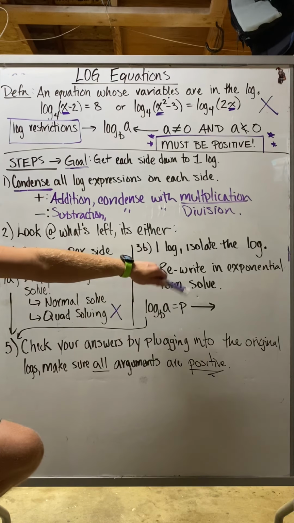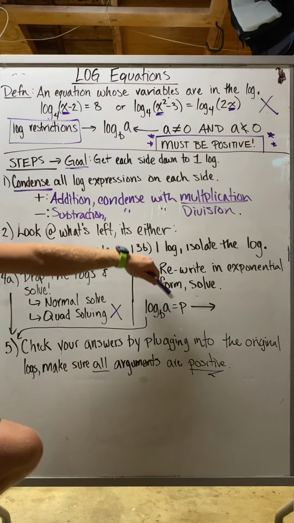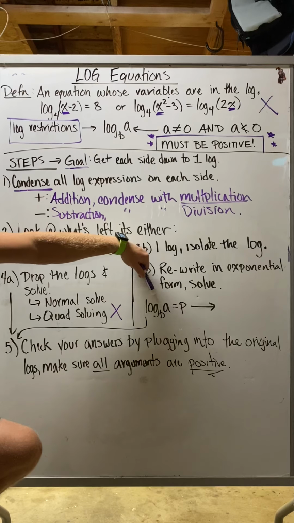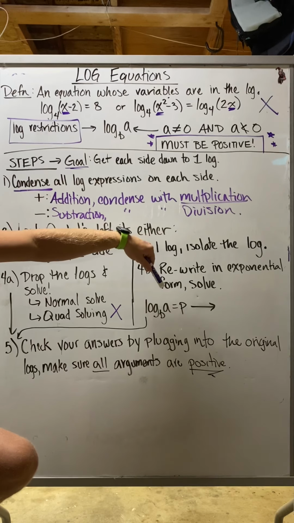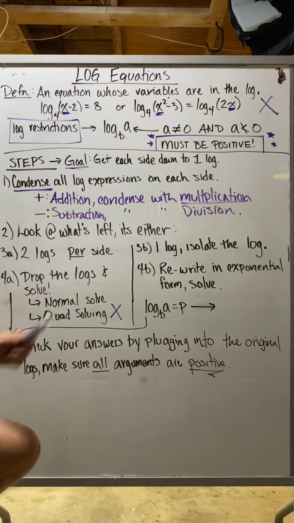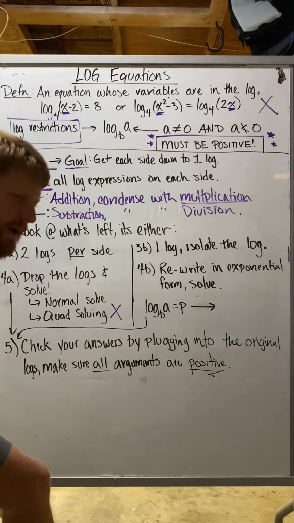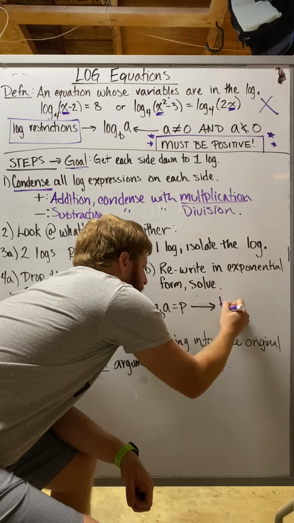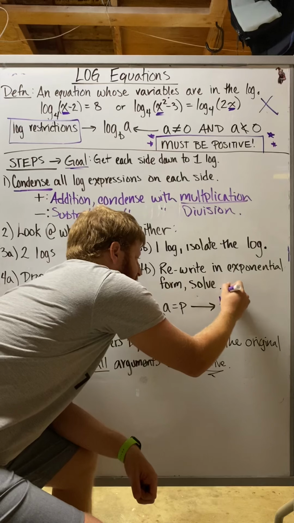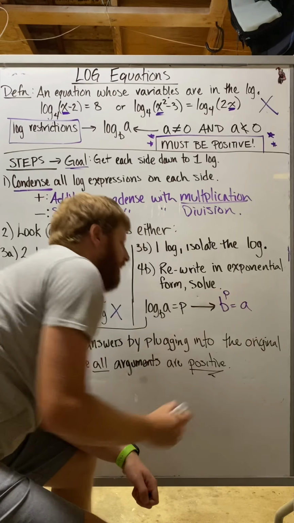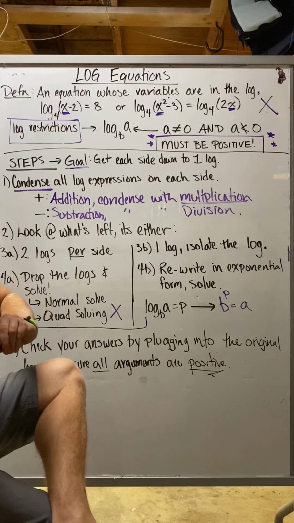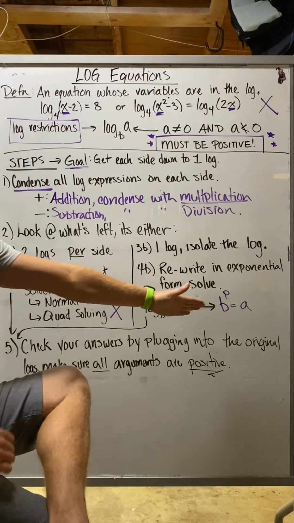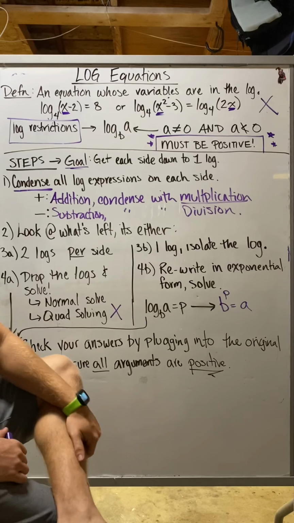You might do some division, subtraction, or addition to get to here, but you've got to get to this form. Once you do that, you're literally going to rewrite everything: the base of my log taken to my power will equal my argument. Once you do that, you solve for what's left.